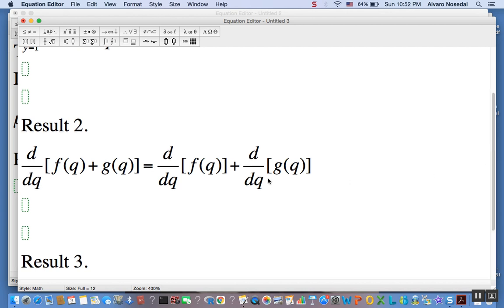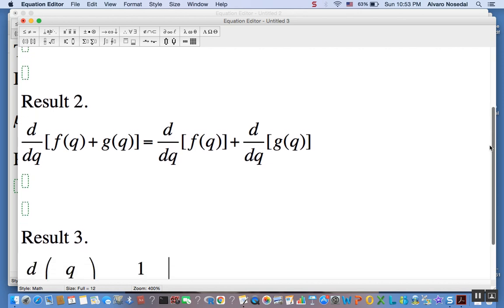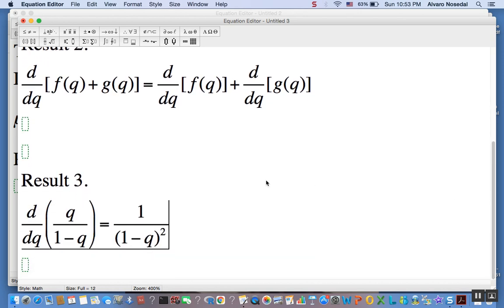The second result is something that I'm sure you know from calc, that the derivative of a sum equals the sum of derivatives. That second result we're not going to be showing here. The last one is the derivative of a particular function of q.